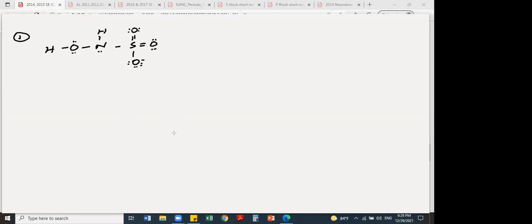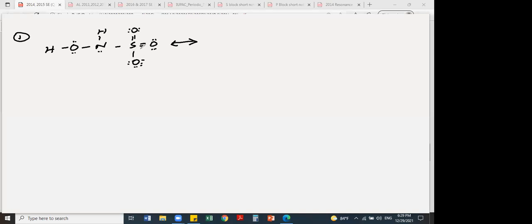Now, how to draw 6 other resonance structures for this? You have to put the double-headed arrow when drawing resonance. One method, you can rotate this double bond. Now you can have the double bond in the other two oxygens.